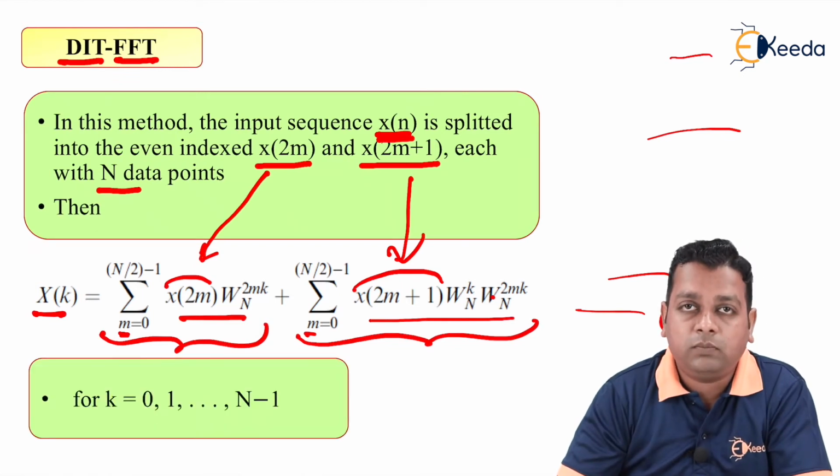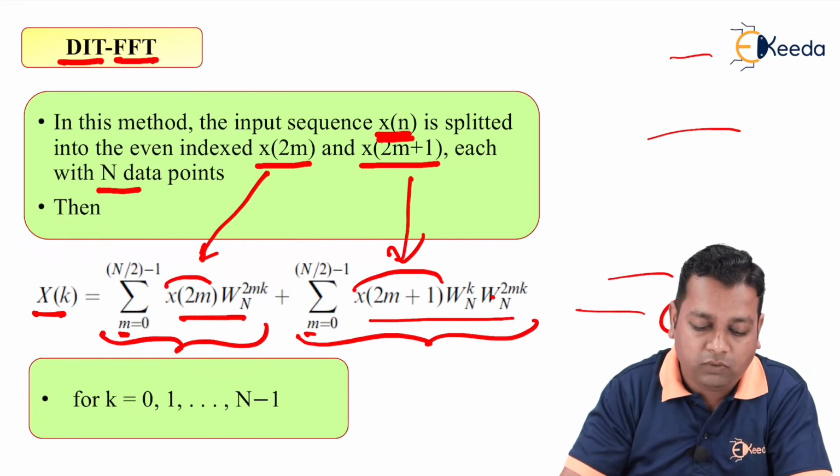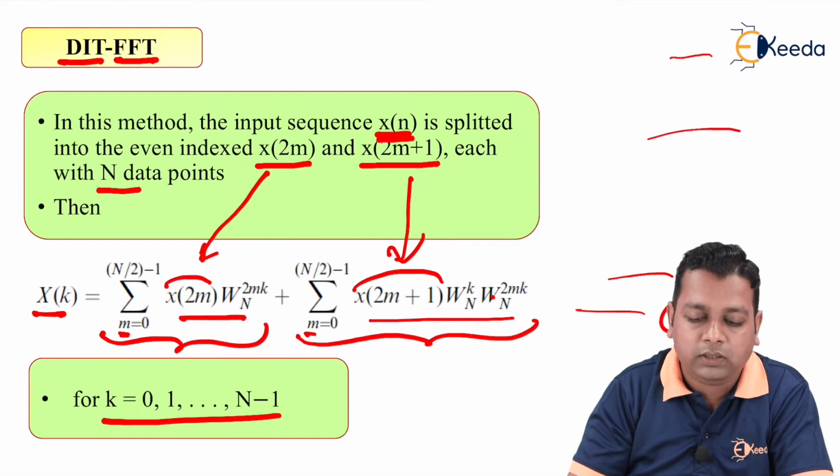Now equation number 1 for the decimation in time fast Fourier transform is applicable for k equal to 0, 1, 2 up to capital N minus 1.